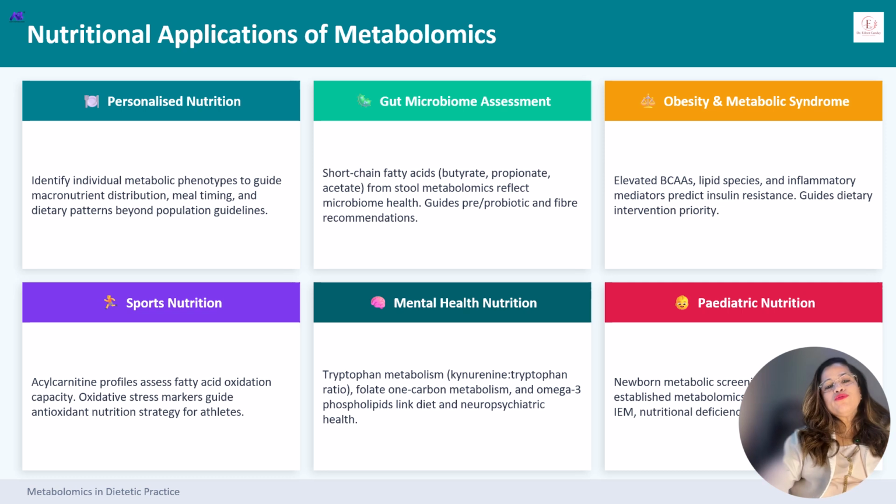These kynurenine pathways, which are very important in mental health issues, are activated by inflammation. Patients with depression have shown elevated kynurenine pathways, that is the KYN-TRP ratios.